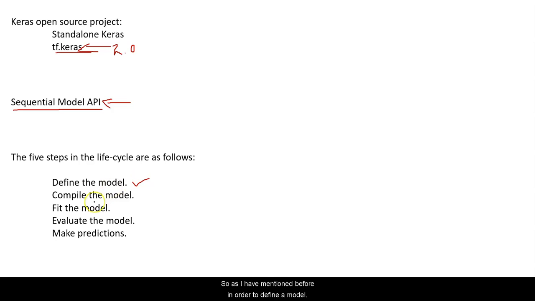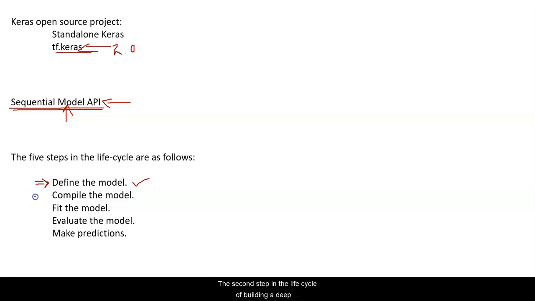As I mentioned before, there are 2 ways to define a model: either by using the sequential model API or the functional model API. In our coding, we will go with the sequential model API approach.